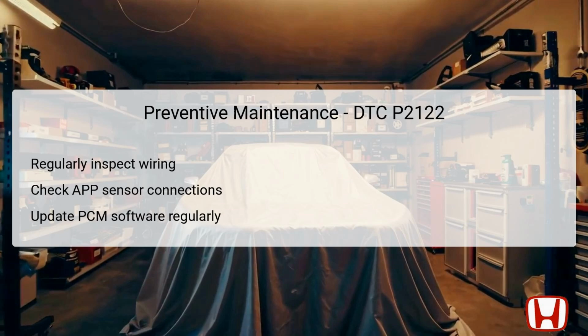Preventive maintenance is critical in avoiding future occurrences of DTC P2122. Regularly inspecting the wiring connections related to the APP sensor can help identify minor issues before they develop into major faults. Always check the physical integrity of the APP sensor connections, ensuring they are clean with no corrosion or damage.